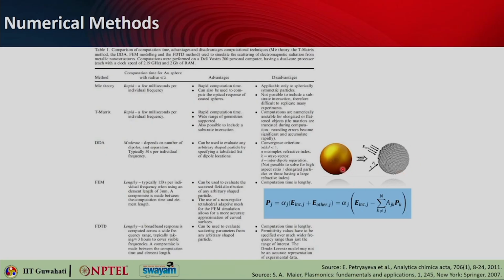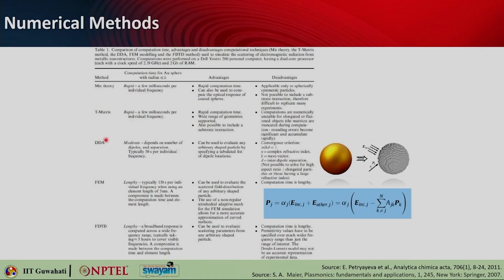So, a sphere or any other shape can be approximated with tiny dipoles, and then the response of each dipole is calculated in the presence of the incident electric field plus the electric field of the neighboring dipoles, and in this case you will be able to do approximation for any complicated shape.